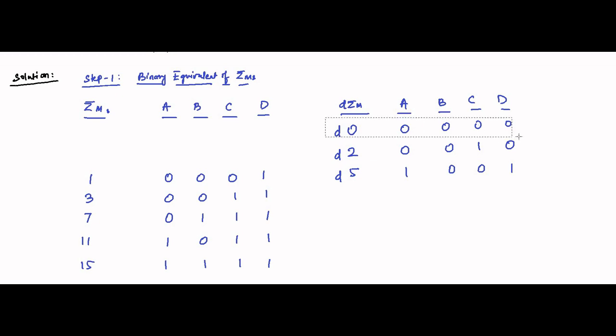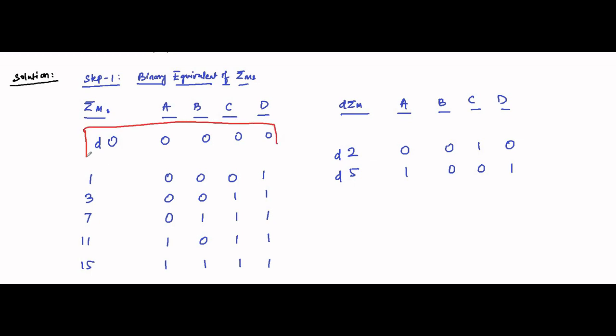D0 is one group, no 1 bits. Then single 1 bits: here we have 1 and D2.